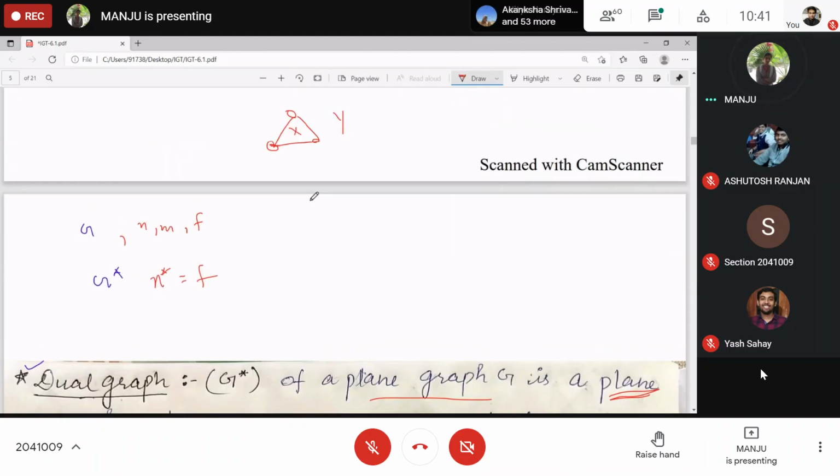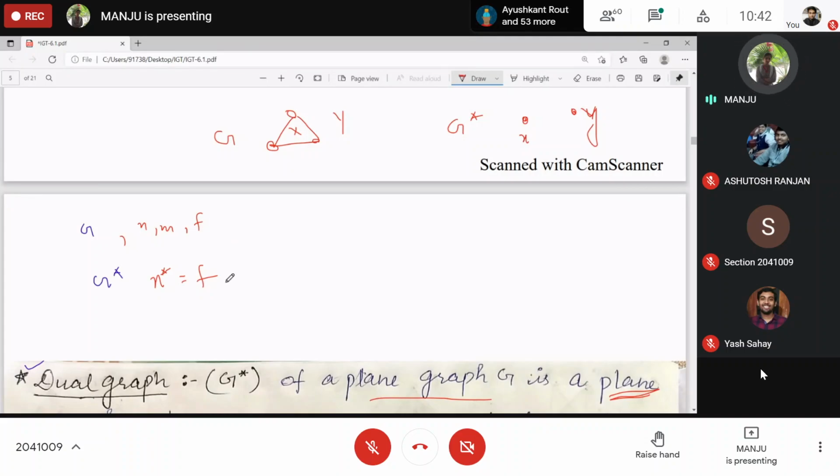If G is this one, G star will contain two vertices: X corresponding to region X, and Y corresponding to region Y. That's why the order of the dual graph equals the number of faces in G.